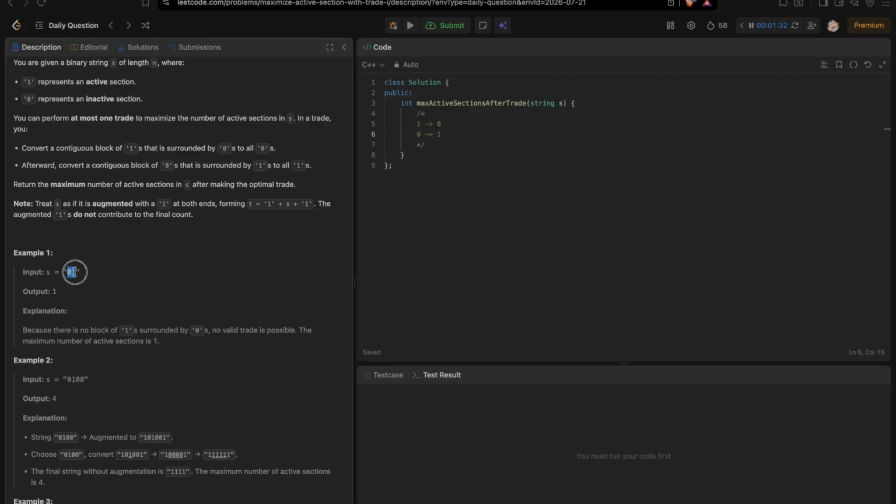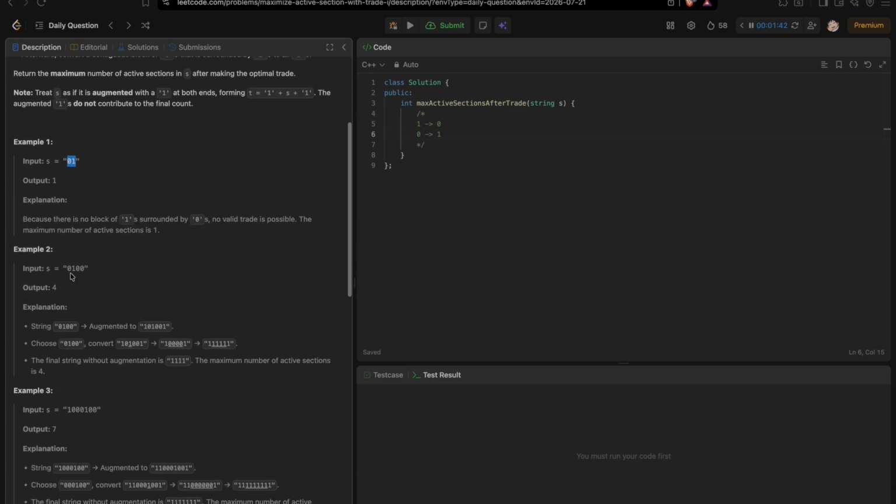Suppose we are having s equals to 0 1. We consider it as 1 0 1 1. Now we can convert 0 to 1. Here we are having 1 0 1 0 0 1, two subarrays of 0.